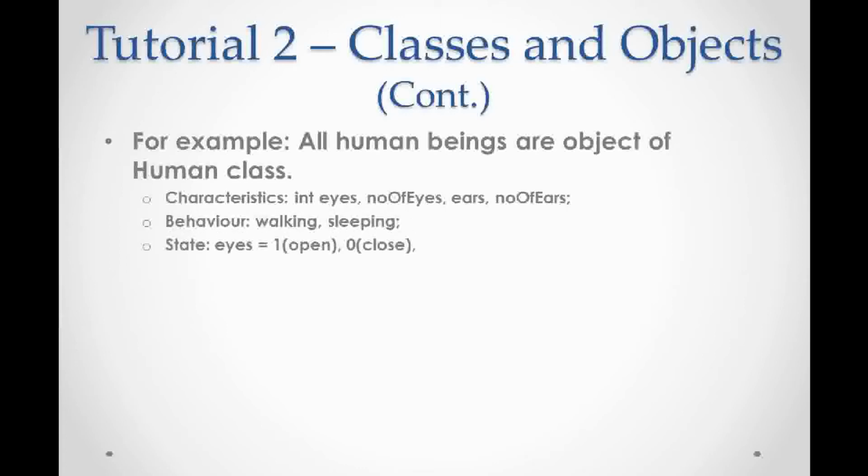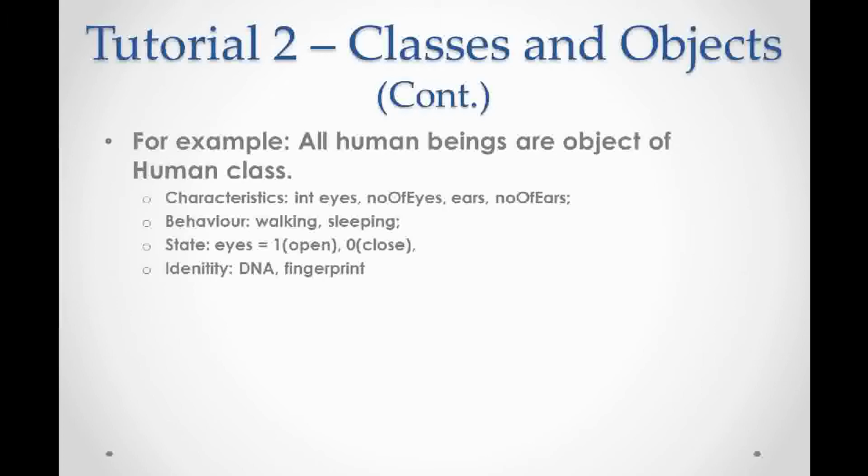The values of these characteristics, like eyes as 1, can be given to represent the open state of an eye, and the value 0 can be given to represent the closed state of an eye, where DNA, fingerprint, retina scan can be treated as an identity of the human object.